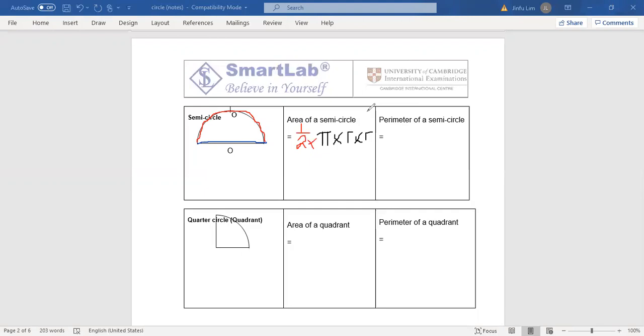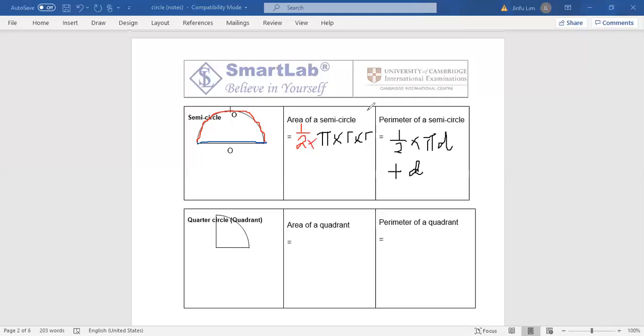Since a semicircle is half a circle, you take half times pi d. This will give you the arc length represented in red, then plus the blue line over here, which is the diameter, so plus d. This will give you the perimeter of a semicircle.